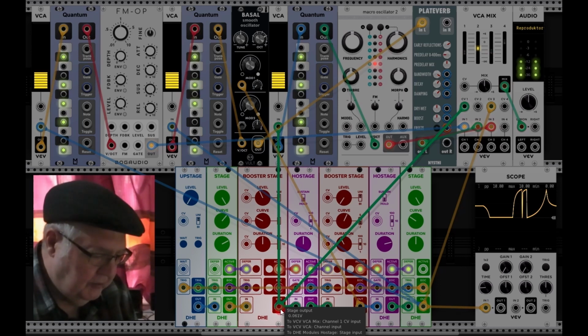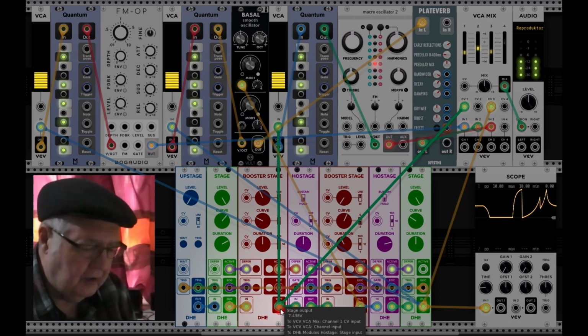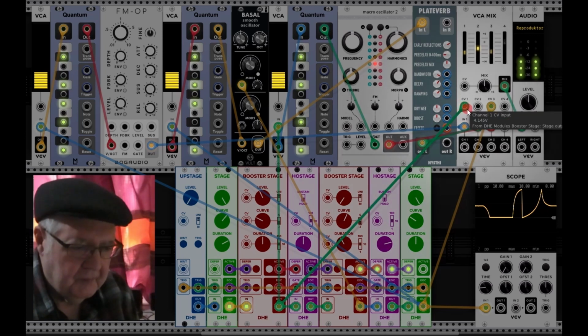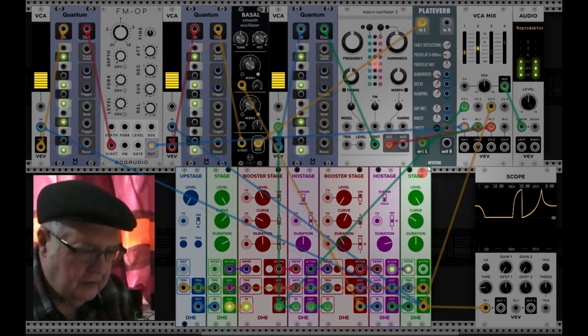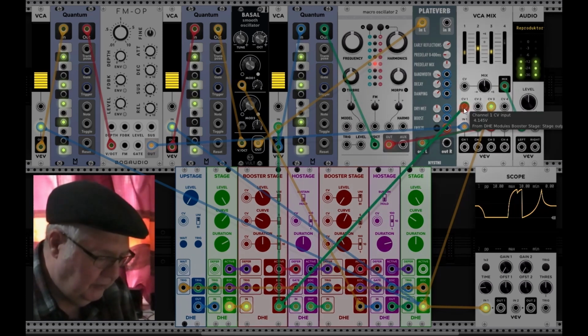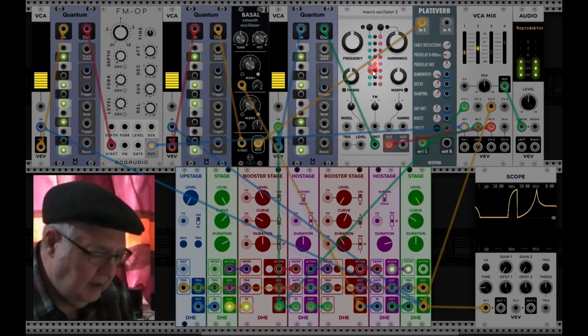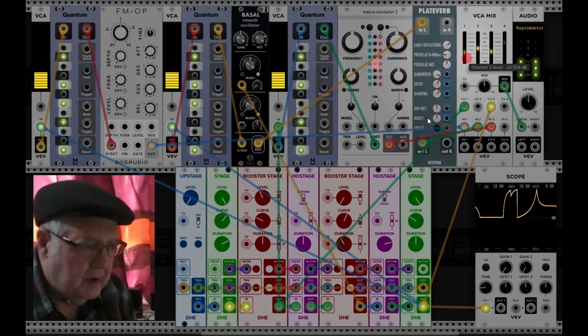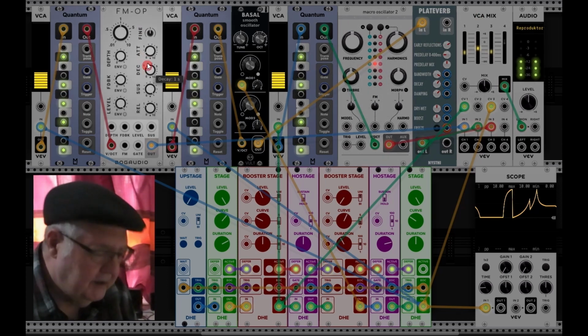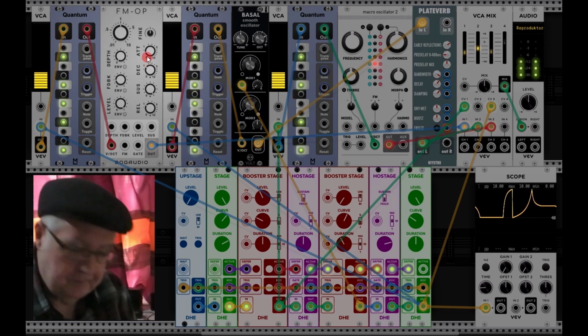And this output additionally modulates the volume of voice 1. As you see here, the volume of voice 1. In other words, the pitch of voice 3 and the volume of voice 1 develop in parallel.